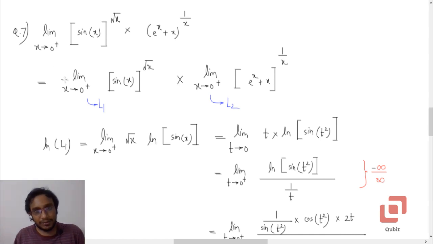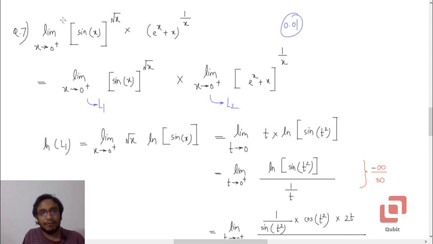Now question 7 was a limit problem, and in one of the previous videos I mentioned that because calculators are allowed, you can substitute a small value of x, let's say 0.01, and evaluate this expression there.